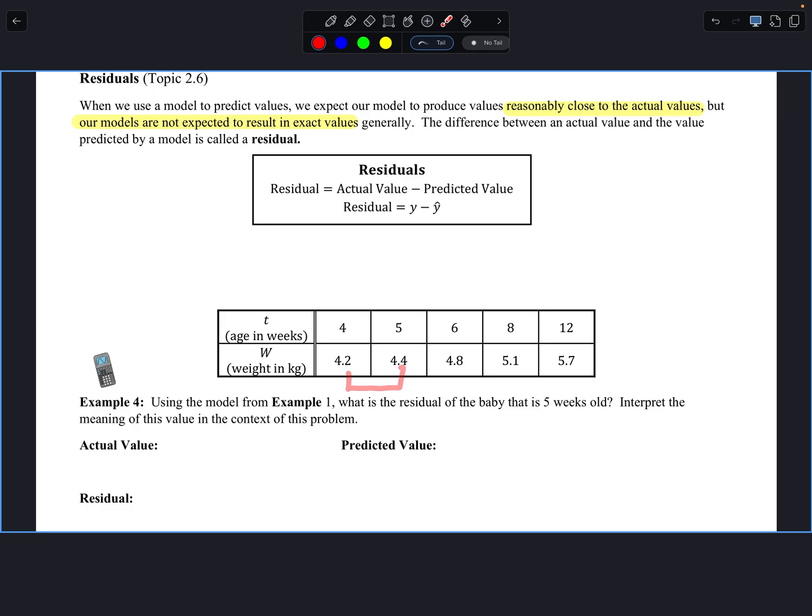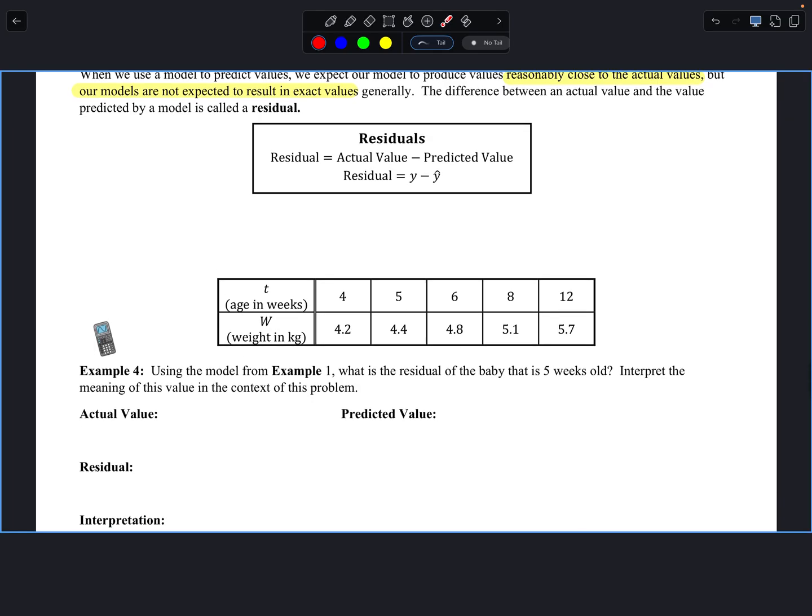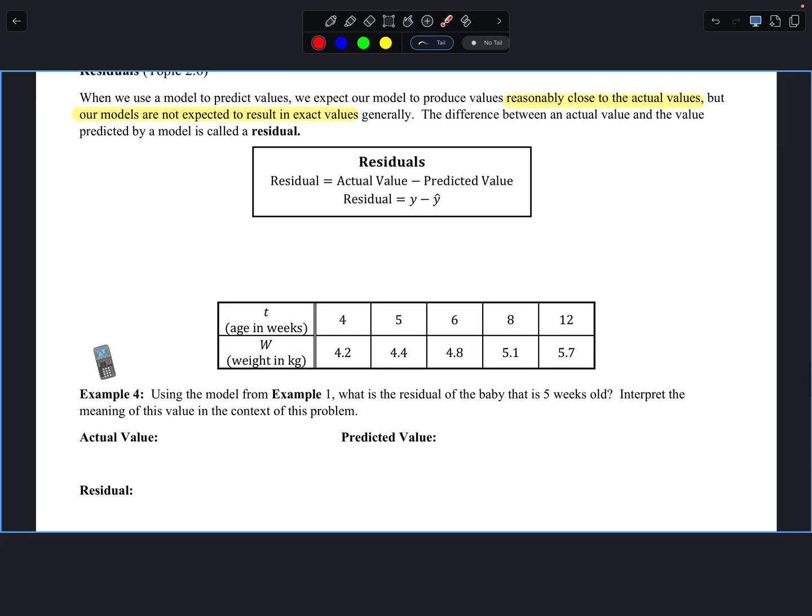This is going up by 0.4. This is not generally constant, but a linear model is actually the best model to use. Does that make sense? So it's not going to be exact, but it's going to be really close. Because think about it, do you guys grow proportionally over time, or do you just get a growth spurt? It's not perfect. So the difference between an actual value and the value predicted is called a residual.